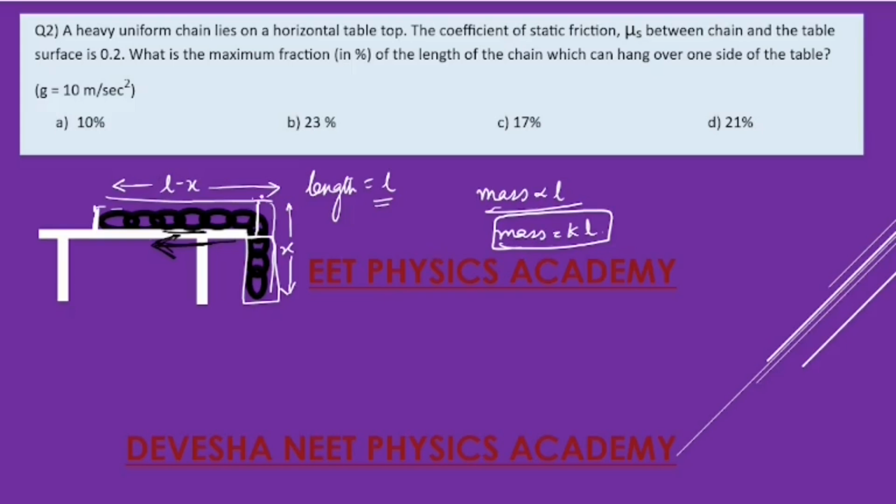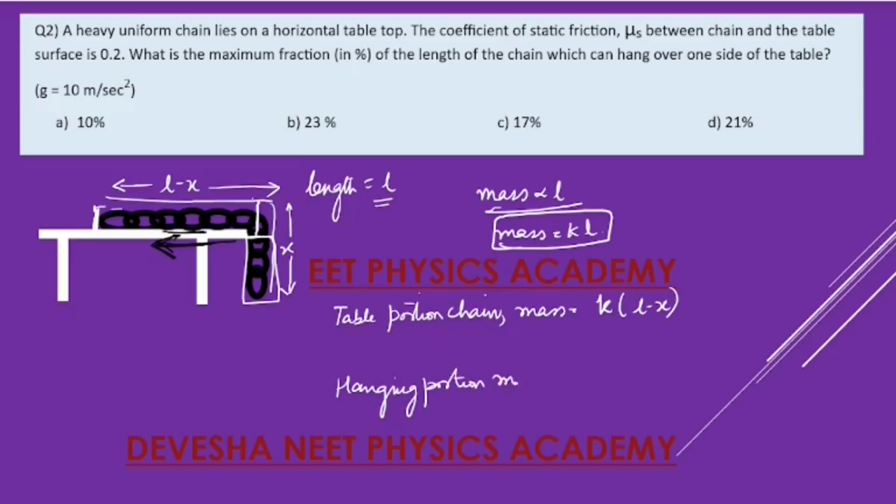So the mass of the part of the chain on the table is equal to K into L minus X, okay? And the hanging portion mass is equal to Kx, right?